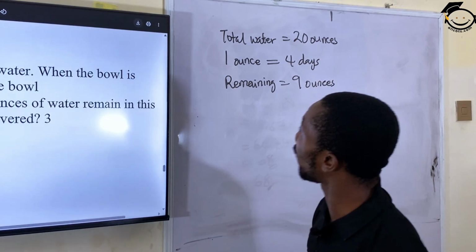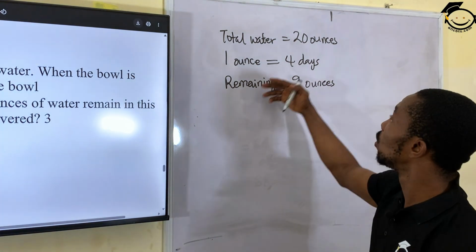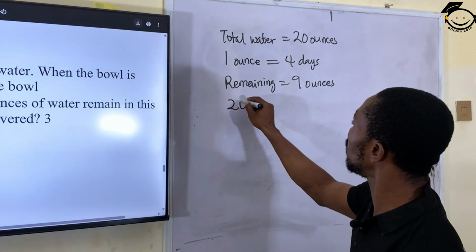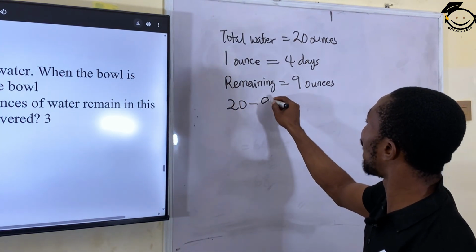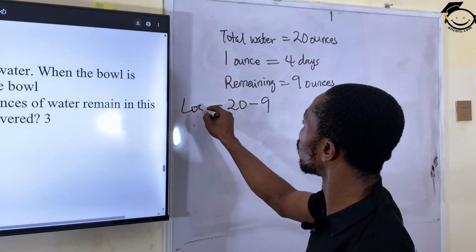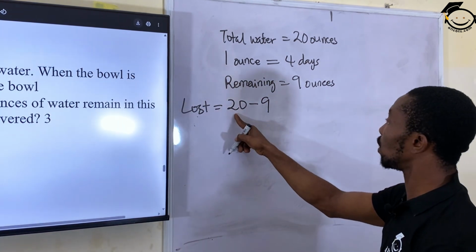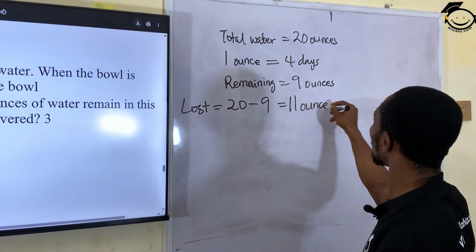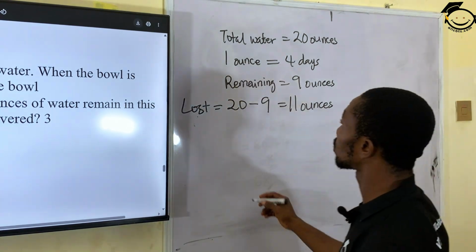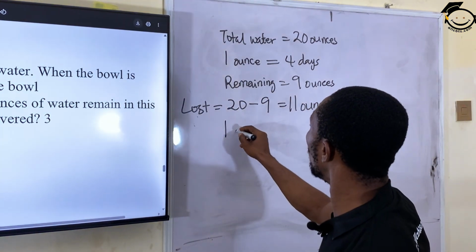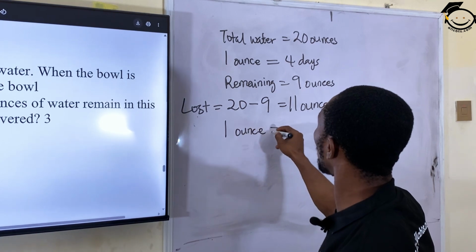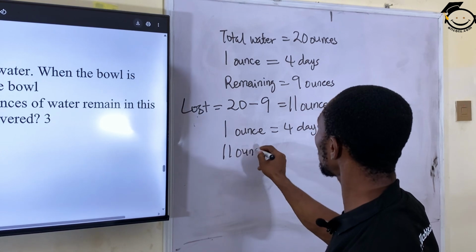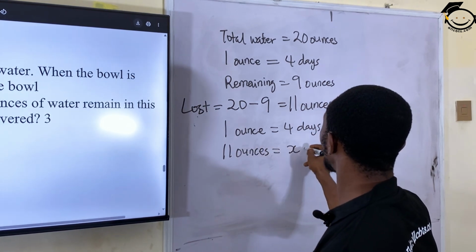Now for us to find the difference between our total ounces and our remaining, it will become 20 minus 9. That is what was lost. The water lost becomes 20 minus 9, which is 11 ounces. Now, if 11 ounces was lost, and we know that for 1 ounce it requires 4 days, that means for 11 ounces we have x days.